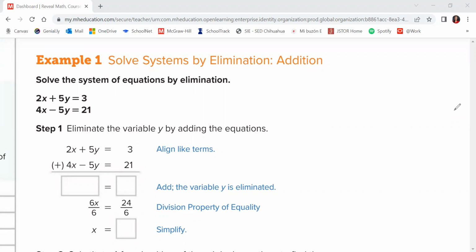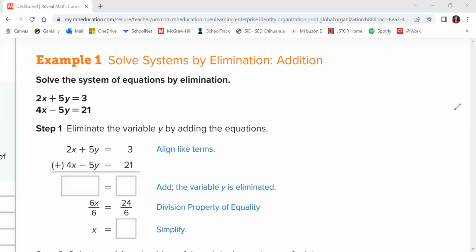In this case, we have 5y's that are exact opposites, okay? So we align the like terms. The x's have to be with the x's, the y's with the y's, and the ones without any variables need to be aligned. And we're going to add them up.